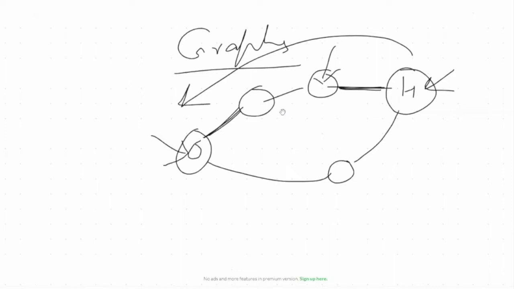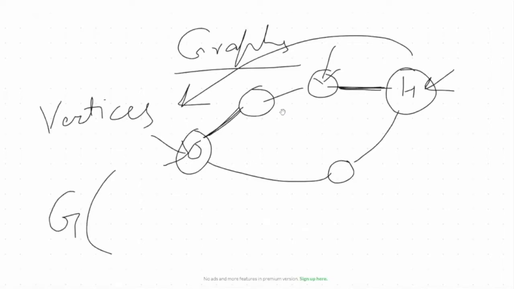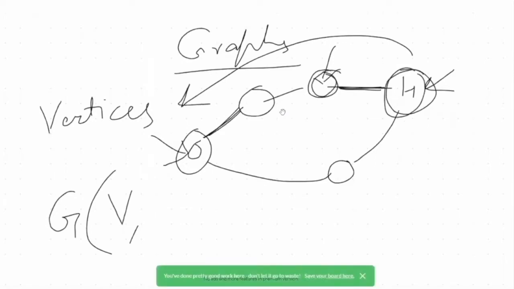You can say there is a set of points. We call these points vertices. You can represent them by V, vertices, right? So if I say the graph is G, it primarily has two components. One is the points, which is V, and then there is the connectivity between these points, or the relationship between these two points. The relationship between this particular home and this particular node is that there is a road connecting these two things. So that's the relationship in this case. We call this relationship edges.